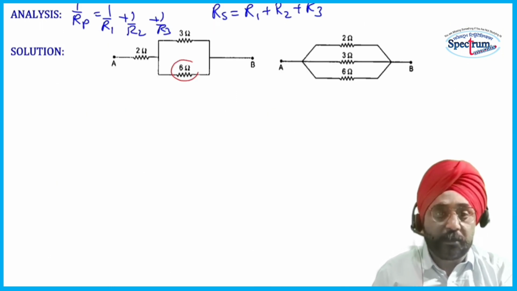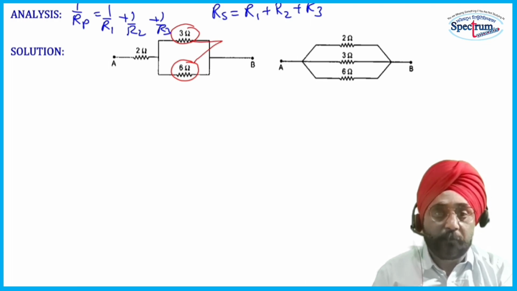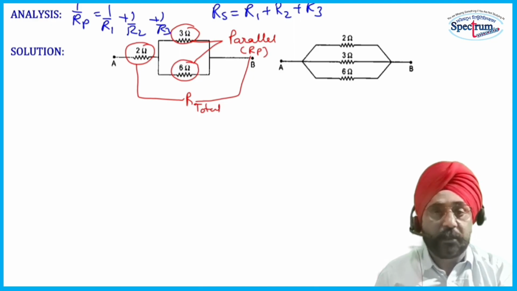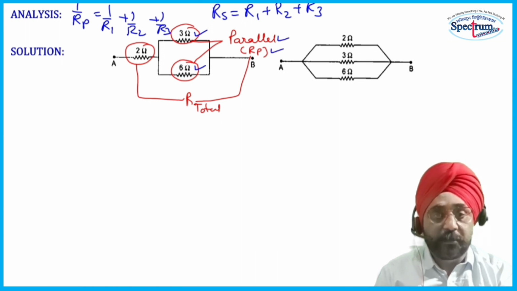In part A, we will first combine the 6 ohm and 3 ohm resistances in parallel and find RP. Then we combine RP and the 2 ohm resistance in series and find R total. So first of all, we combine 3 ohm resistance and 6 ohm resistance in parallel and find RP.